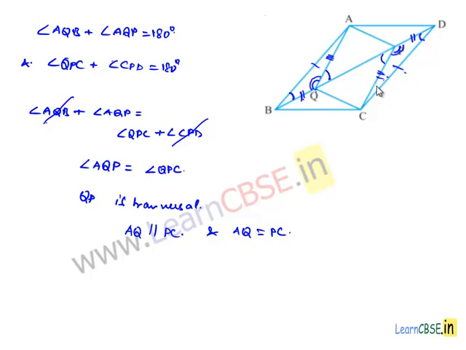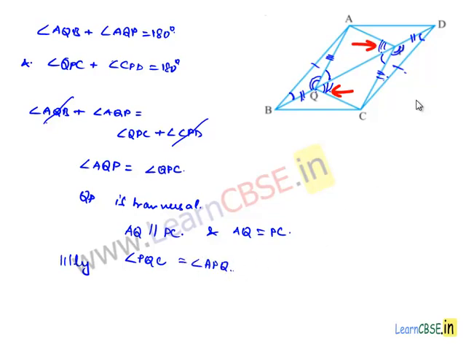Now similarly, from the first proof that triangle APD is congruent to triangle CQB, we can prove angle PQC is equal to angle APQ.